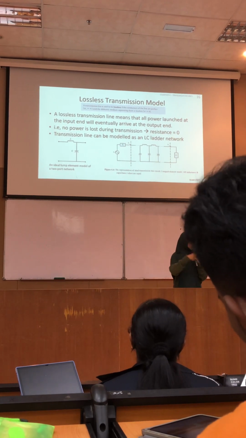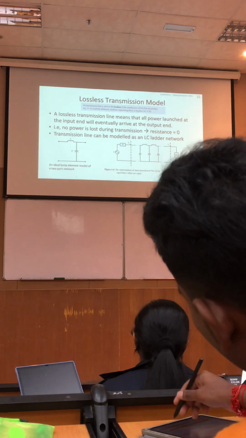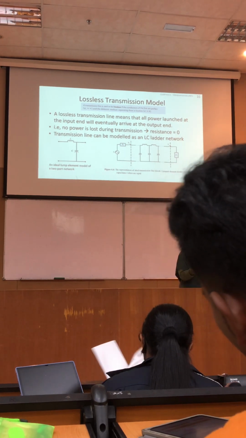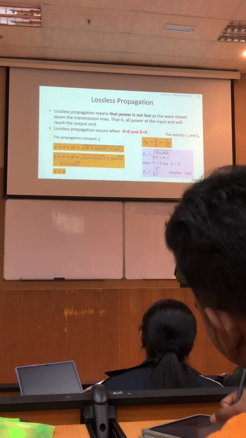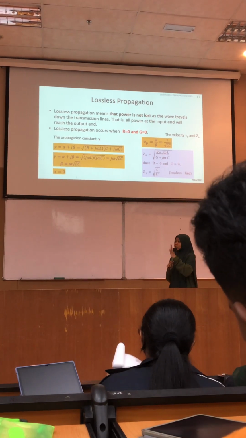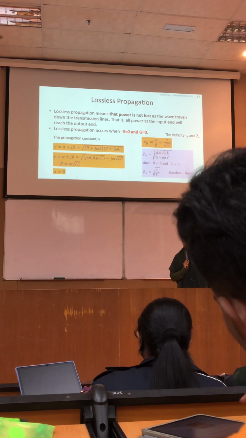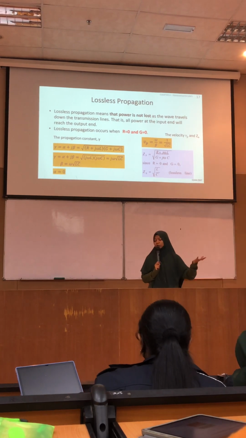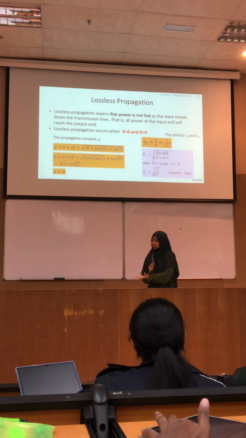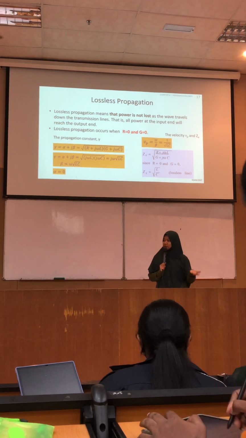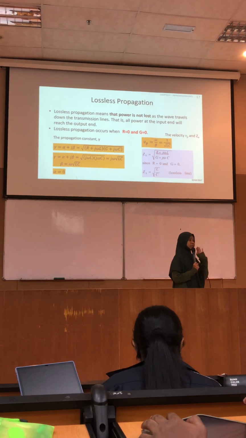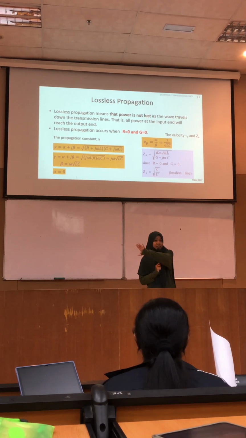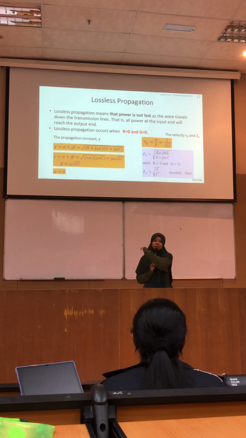So for calculations we will go into lossless, distortionless and general. What we just did was all theory. Lossless propagation means that there is no loss: 5 watt in, and the output also gets 5 watt. That is what is meant by lossless propagation or lossless transmission. So when there is no loss in the transmission line, R equals 0 and G equals 0.